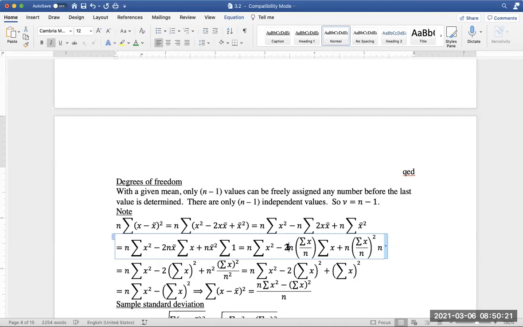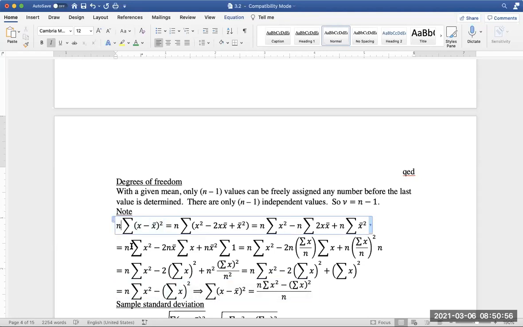So I just have 2 times sum of x times sum of x. So that's the sum of x quantity squared. The n squares cancel. So this last term is just the sum of x quantity squared. But now I have one of these minus 2 of them. That gives me minus 1 of them. And so I have that this is equal to n sum of x squared minus the sum of x quantity squared. And so I've shown that this is equal to this.